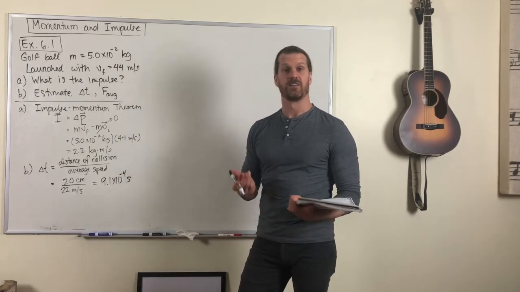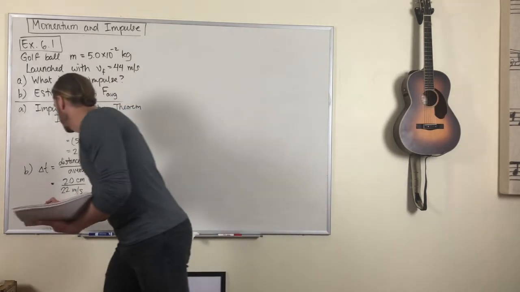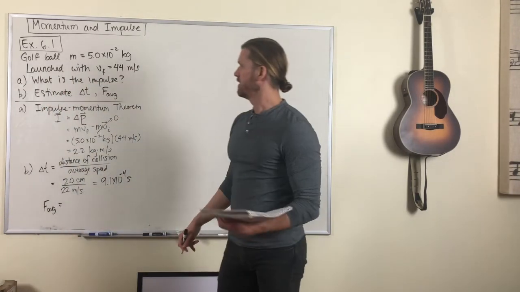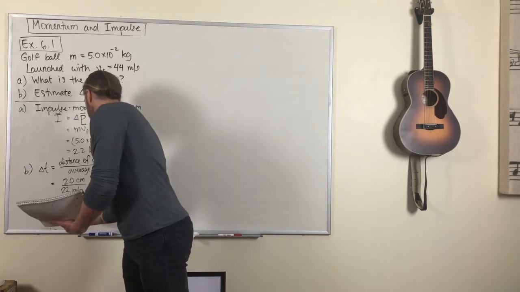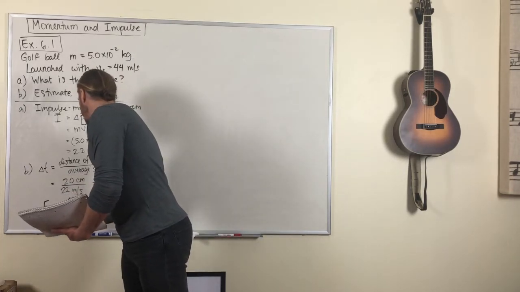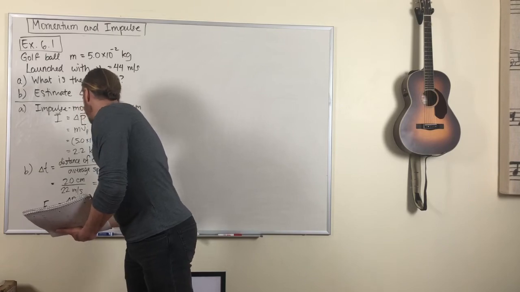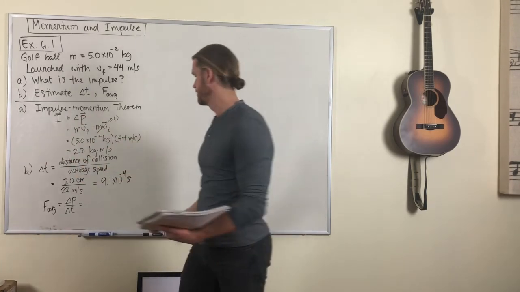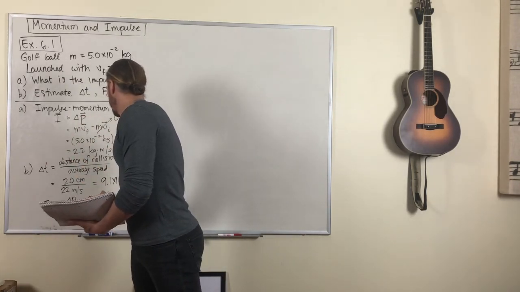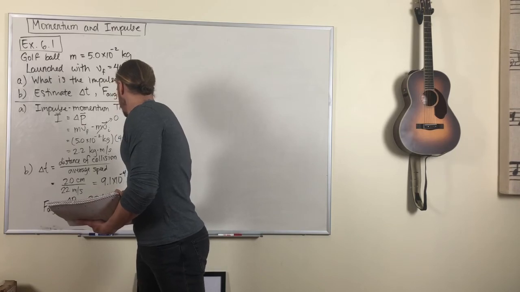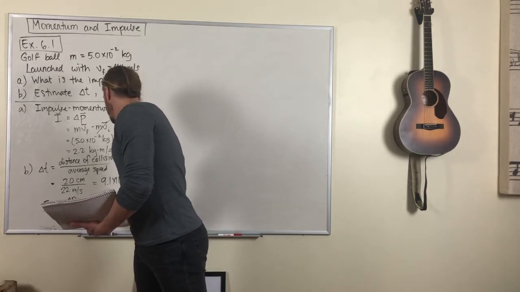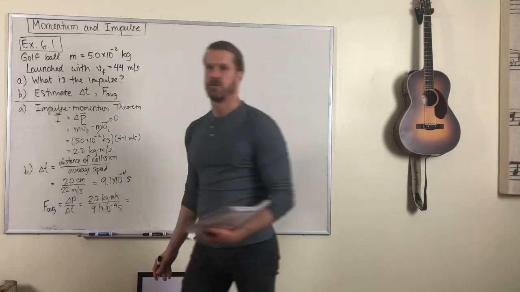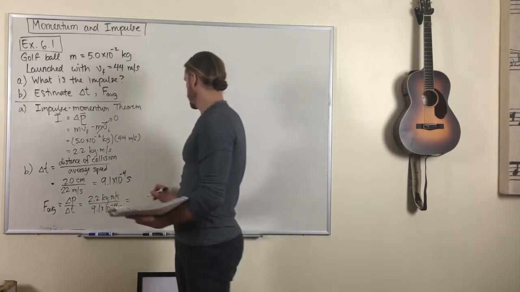Now that we have that, we can estimate the average force, which is the change in momentum over time. We already figured out our change in momentum, or the impulse. Plugging in those values, 2.2 kilograms meters per second over 9.1 times 10 to the minus 4 seconds, we get an average force of 2,400 newtons.